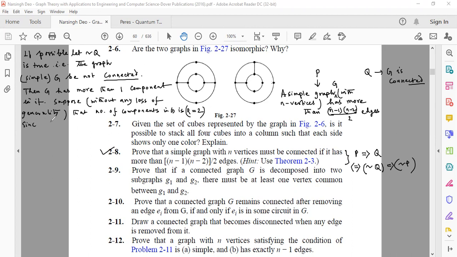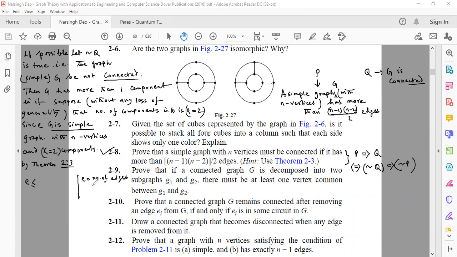Since capital G is a simple graph with n vertices and k equal to 2 components as per our assumptions, by theorem 2.3, if I consider E to be the number of edges of the graph G, this must be less than or equal to (n minus k)(n minus k plus 1)/2.